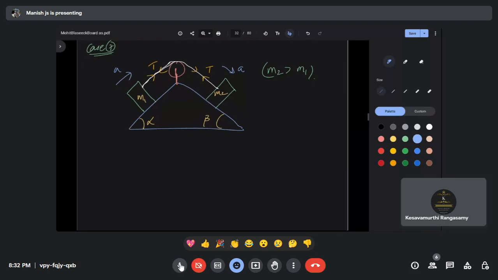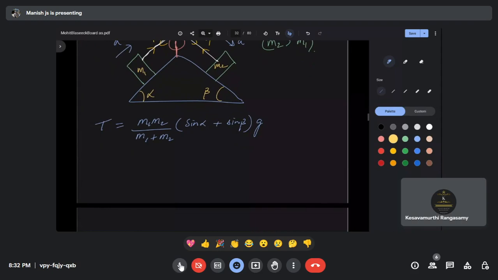Based on that, the expression for tension is the product of masses of both the blocks upon the sum of the total masses, which is M1 plus M2, times sine alpha plus sine beta. This time we are just adding them, that's it, into G. This is the tension.